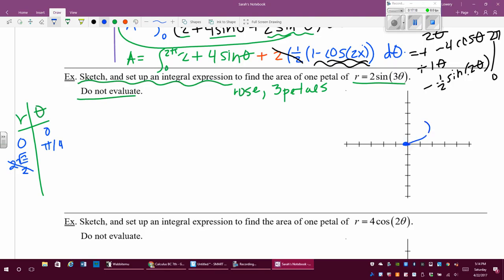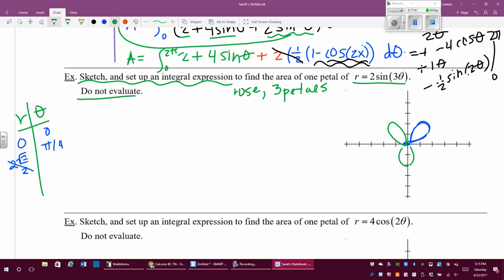So there is a petal extending out in this way, which means if there's a petal extending out that way, my symmetry petal is down here, and I have another petal out here, okay? And I'm not going to continue going through my thetas to prove that. You can most certainly graph it and verify that.